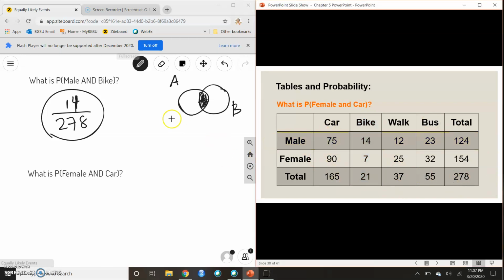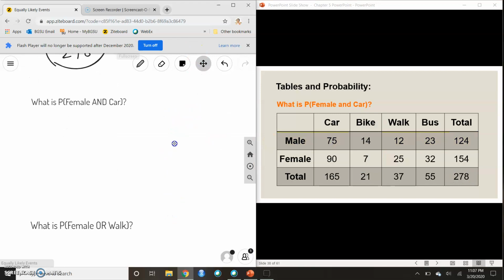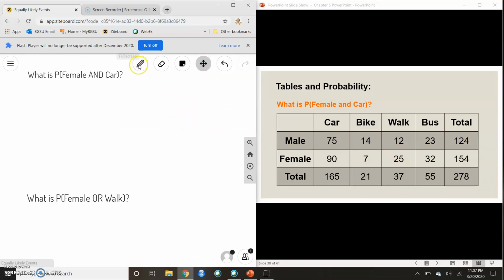Our next example is also an AND event. So what is the probability of being female and taking the car? So here, again, looking at the row or column with female, looking at the row or column with car, where they intersect, that becomes our numerator out of the total, 278.